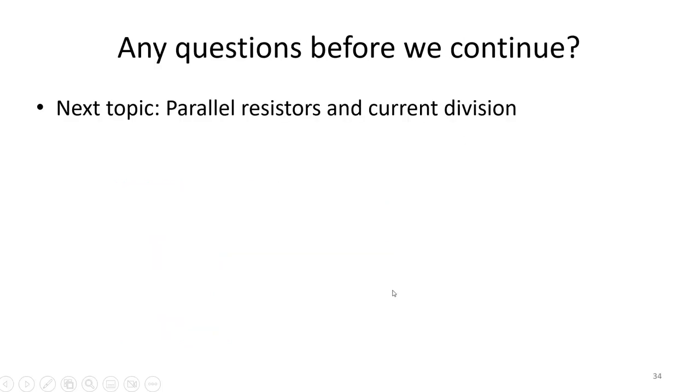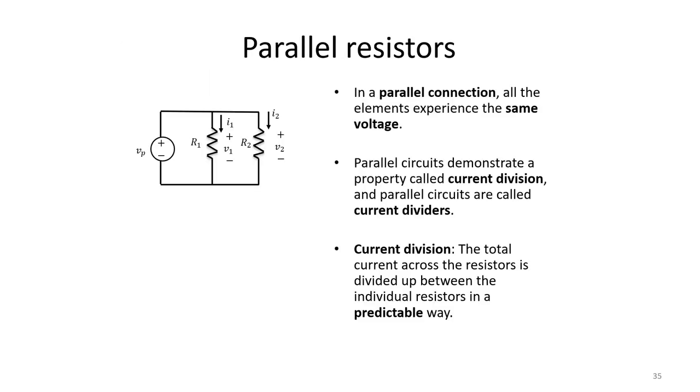All right, so feel free to reach out if you have questions on that, and we'll move on to parallel resistors. So you may remember from physics class once again that if resistors are in parallel with each other, that means that there are multiple paths that current can go.